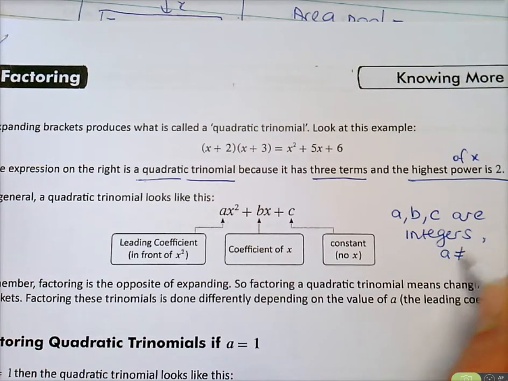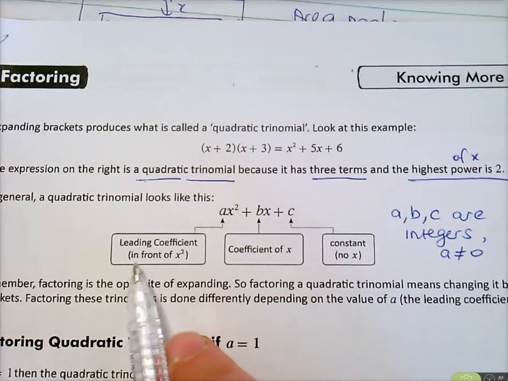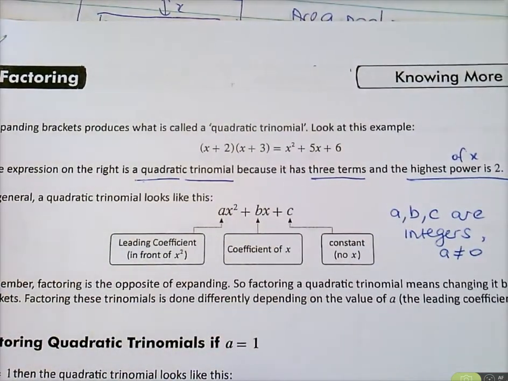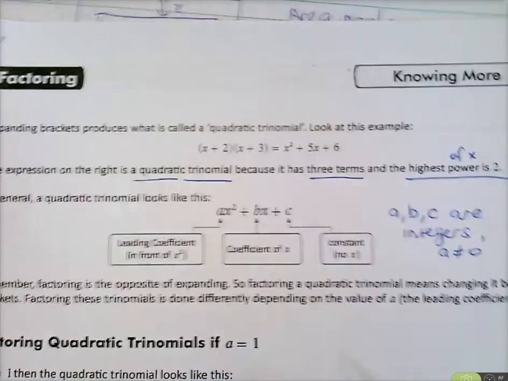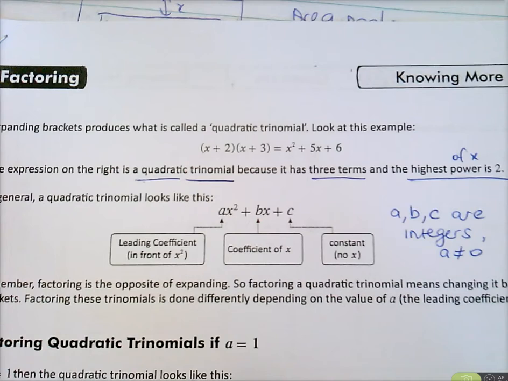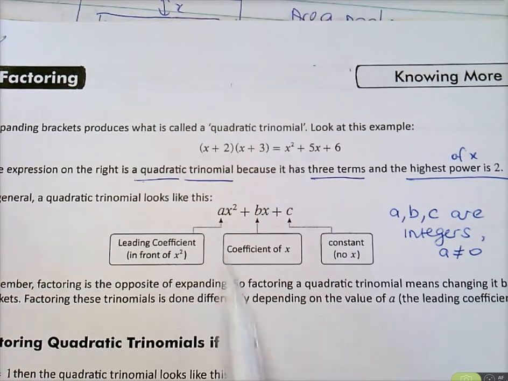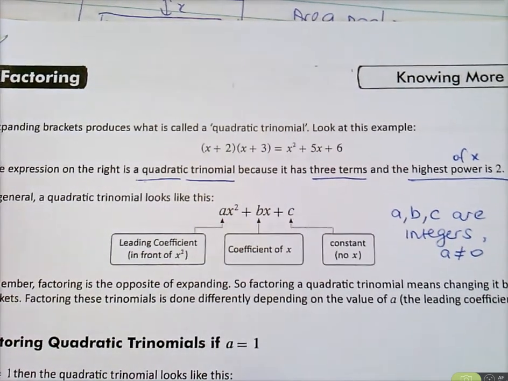If we want a monic trinomial, monic meaning 1, what we're going to be doing today is factoring quadratic trinomials if the a is 1. So we're just doing ones like x squared plus 5x plus 6, not 5x squared plus something. They're harder to do. So in year 9, we're just doing the monic type, not the other type.